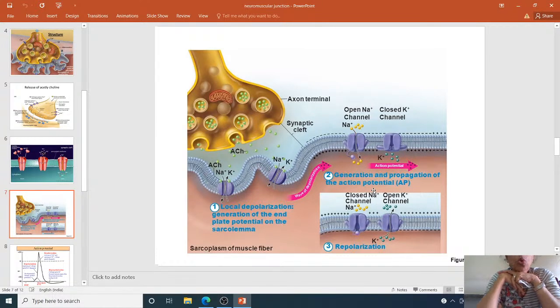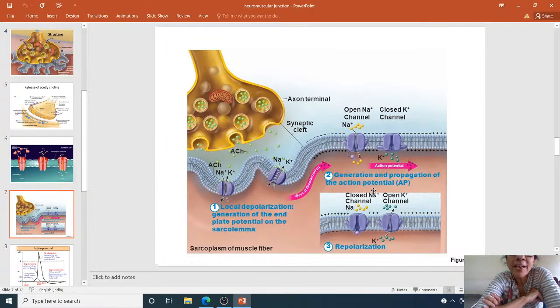When a lot of sodium ions enter the muscle fiber, there will be a positive potential change, because a lot of positive ions are coming inside. So it leads to depolarization of the muscle membrane.